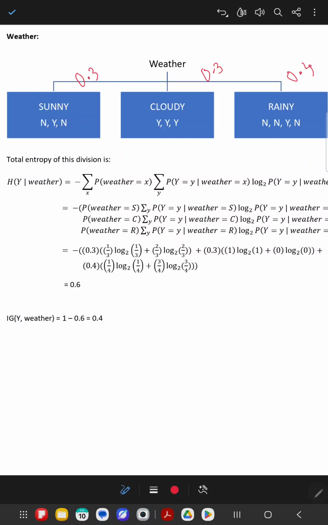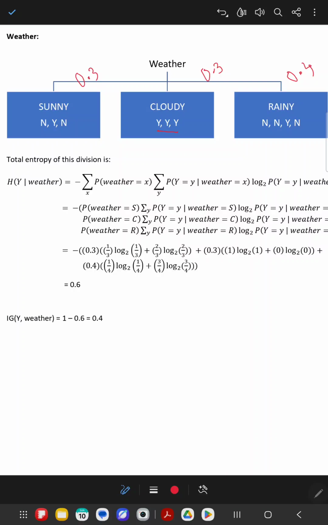Okay, now for sunny, the entropy will be basically probability of yes multiplied by log to the base 2 probability of yes plus probability of no multiplied by log to the base 2 probability of no. In case of cloudy, as you can see, all the nodes are yes, so therefore there is no randomness, there is a uniformity.